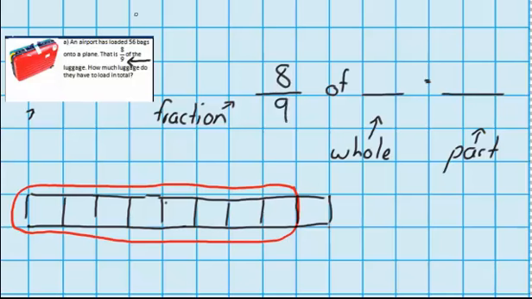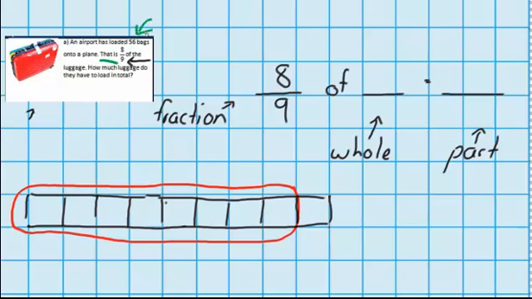So now I need to go back to my question over here, and I need to work out those 56 bags. Do they represent all of the bags, the whole amount, or just some of them, or part of the amount? Well, the clue is really in this second sentence here. Notice how it says that is 8/9. It doesn't say that is all the bags, or that is 9/9, or that is the total amount.